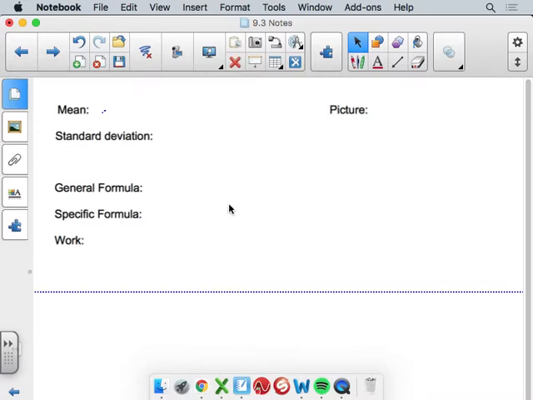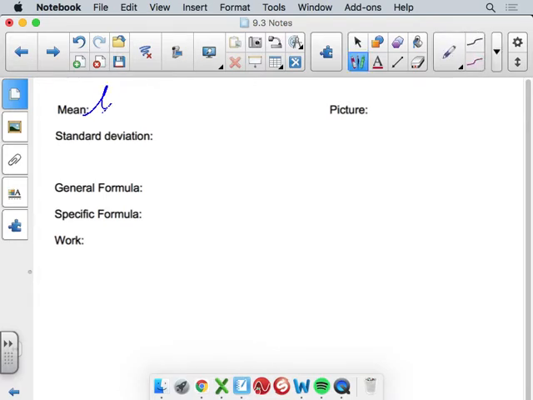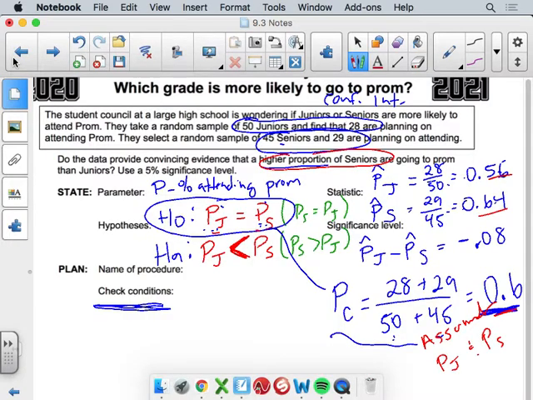So the mean of the proportion of juniors minus the proportion of seniors equals what we think the true proportion of each of those is. And this is what we're going to assume the true proportion is for both of them, because we're under this assumption right now that this is true.